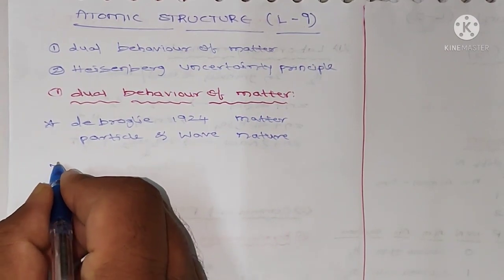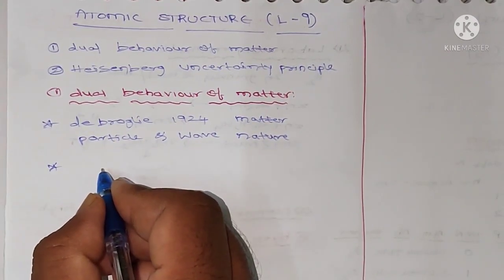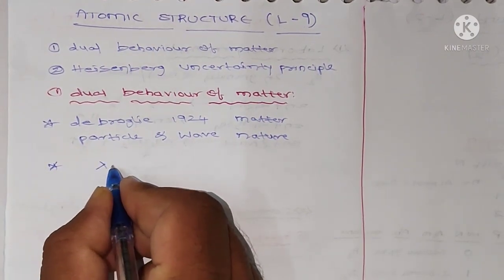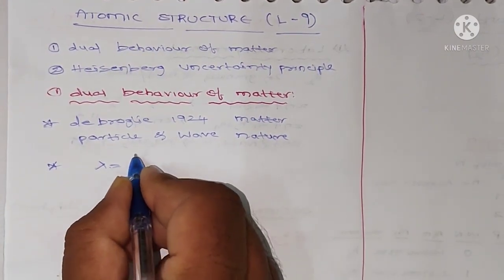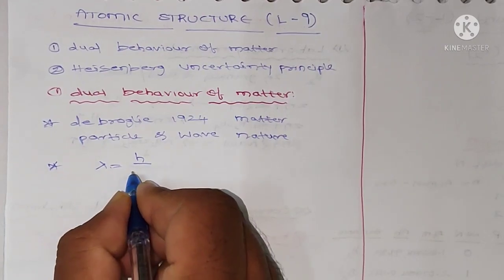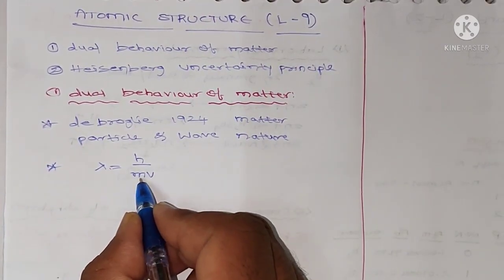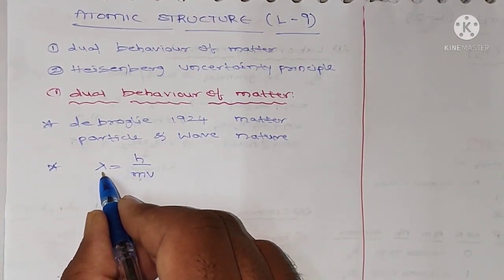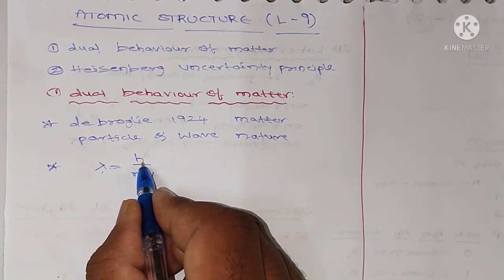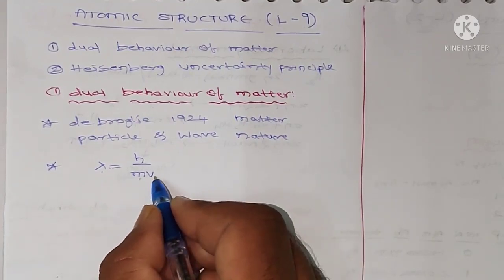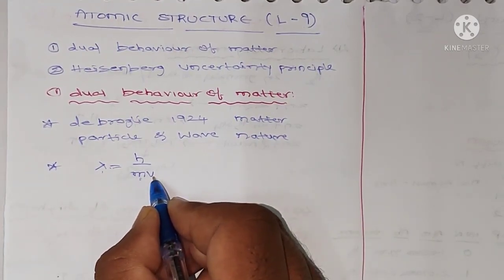And de Broglie gave a formula for wavelength and momentum. Lambda is equal to h by mv. Here lambda is the wavelength, h is the Planck's constant, m is the particle mass, and v is the particle velocity.